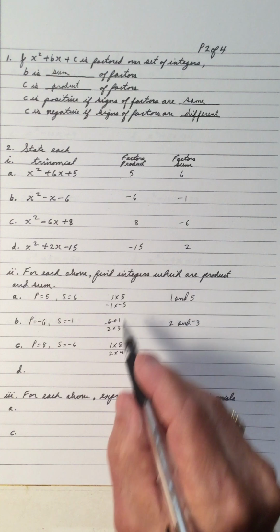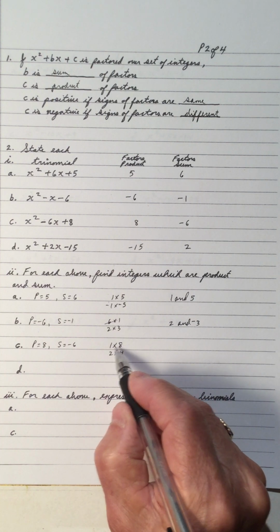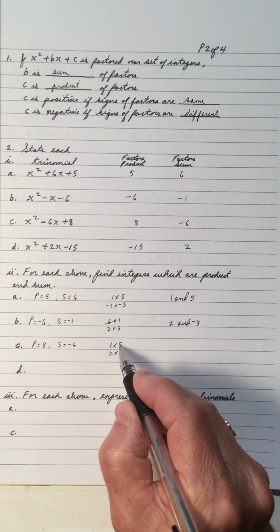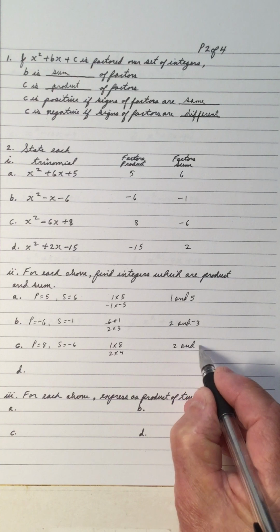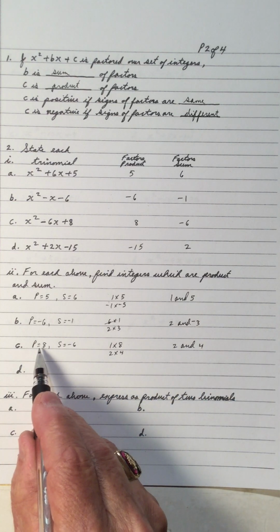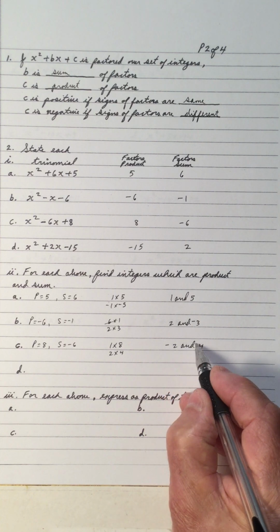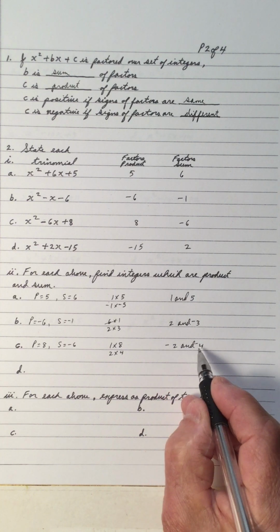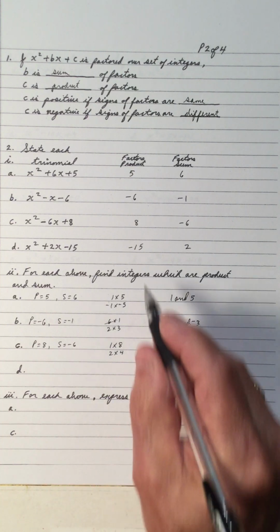So 1 and 8, if you add them up, you get 9 or negative 9. So it must be 2 and 4, but we have to check. The product is positive and the sum is negative. That means there must be two negatives. So negative 2 times negative 4 is 8. Add, we get negative 6.